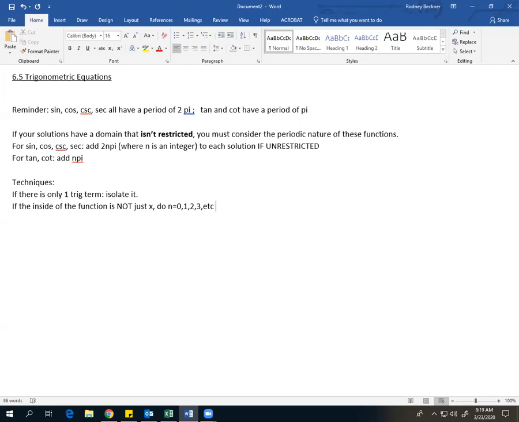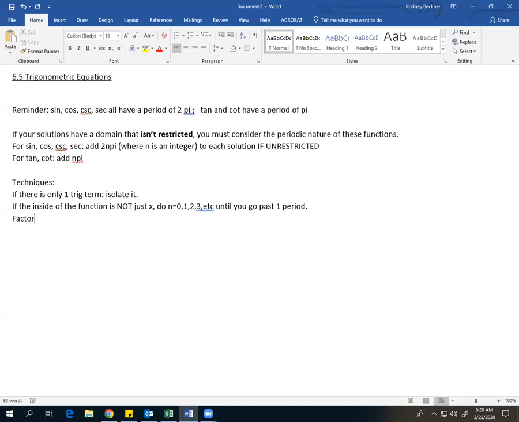But the basic reasoning for this is, if you remember when we were graphing trig functions, having a number in front of your variable made it have a quicker period. So if you had a 2 in front of it, it was going around twice as fast. So going through these n equals 0, 1, 2, 3 cases, and it may be more, it may be less, that's going to account for the fact that we're going around a full circle more than once. So that's until you go past one period. Again, we'll see that in an example later.